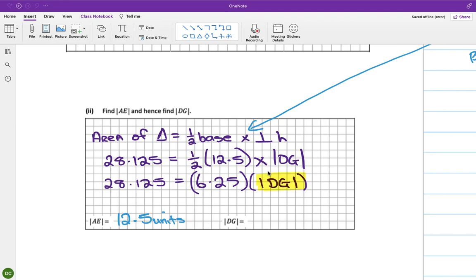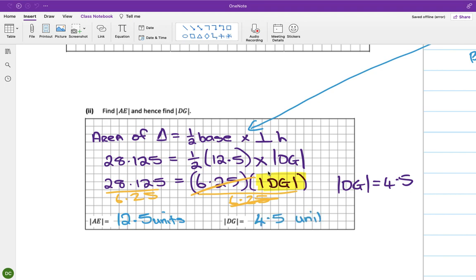Yep, divide by 6.25. They'll cancel, so I get 28.125 divided by 6.25, and that is 4.5. So DG is 4.5 units for that one.